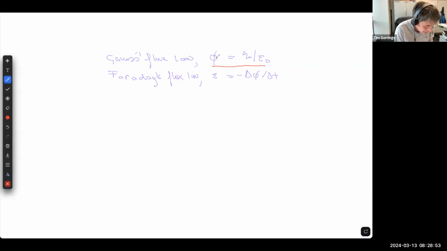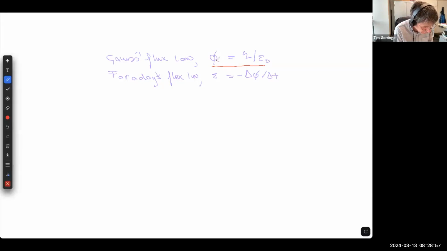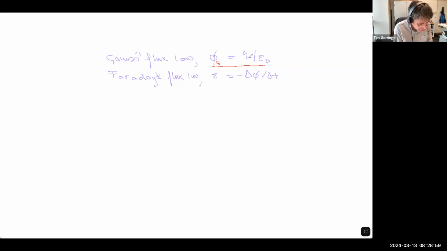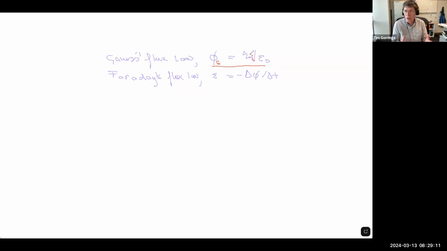So phi here is the electrical flux through the closed surface, and Q here is the charge inside the closed surface. Now, Gauss's flux law is just an alternative description of the 1 over r squared, proportional to charge, electrical field that surrounds every individual point charge.